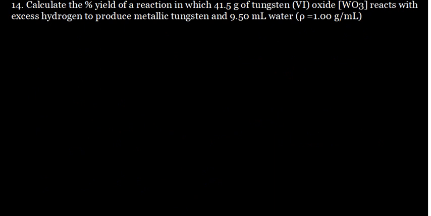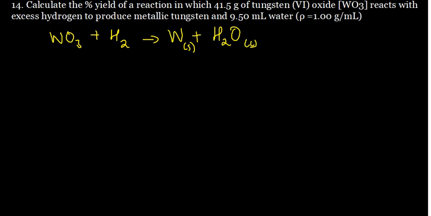So what we have is tungsten 6 oxide, which is reacting with excess hydrogen, and we are producing metallic tungsten and water. So this is going to be a solid. We know this is a liquid, this is a gas, whatever state this one is. So we need to balance this reaction.